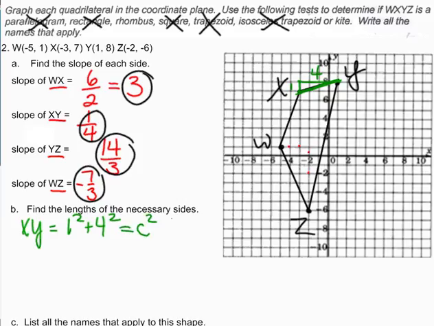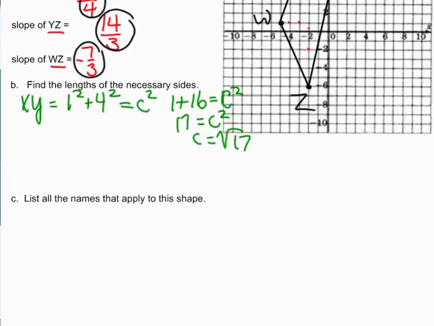And then we end up with 1 plus 16 equals c squared. And then we say, okay, 17 is c squared. So c is radical 17. I'm not going to bother to figure that out because that's a decimal number. And then I'm just going to move down here.